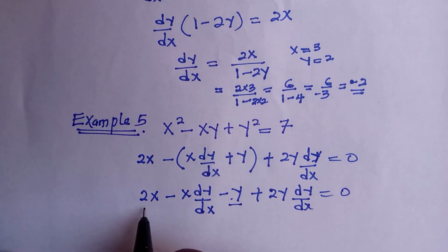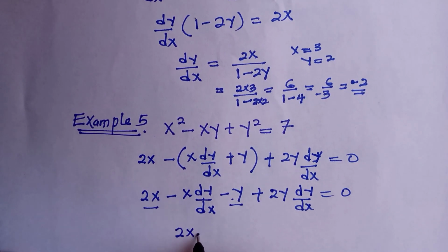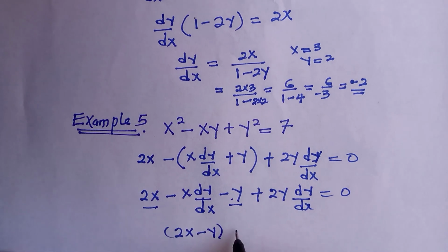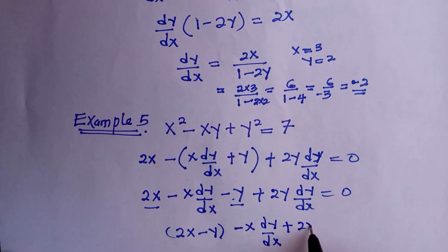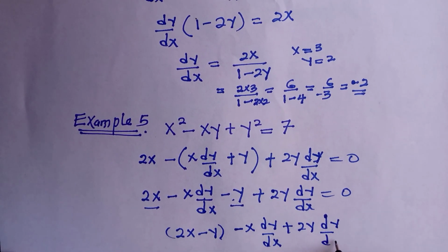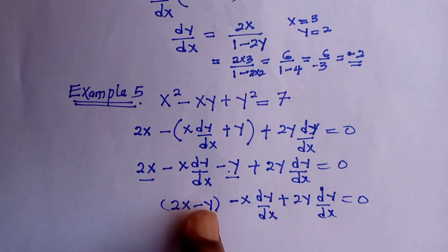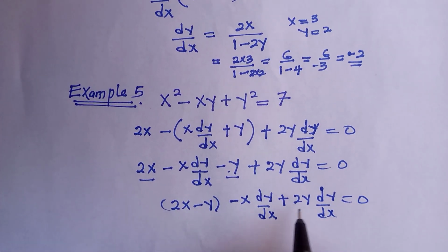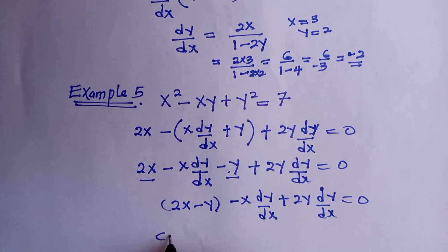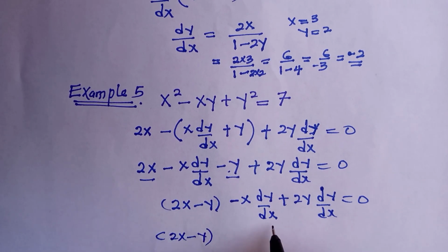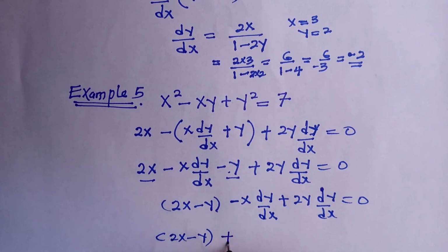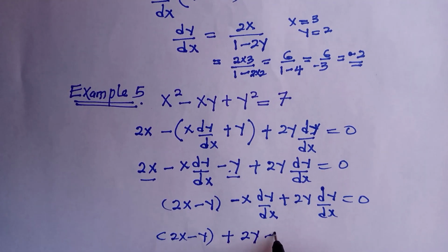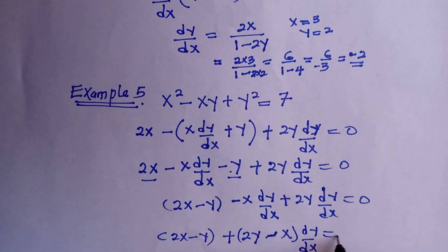After getting this, we are going to take 2x and minus y together because they don't have the dy/dx, and we also combine the terms that have dy/dx. So you write this one as 2x minus y, and plus 2y minus x dy/dx equals 0.